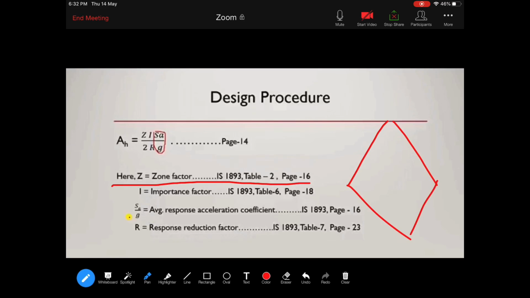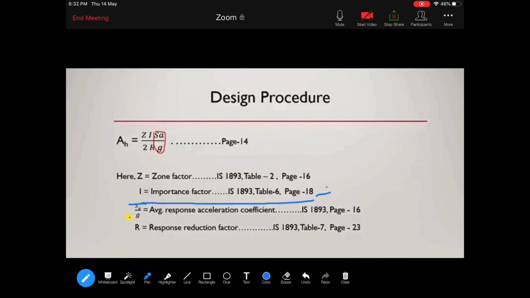The map of India is divided in many zones. So we consider like this, 1, 2, 3, 4, 5 zones, also given in IS code. I is importance factor, also given in IS code, IS 1893 table number 6 page number 18.